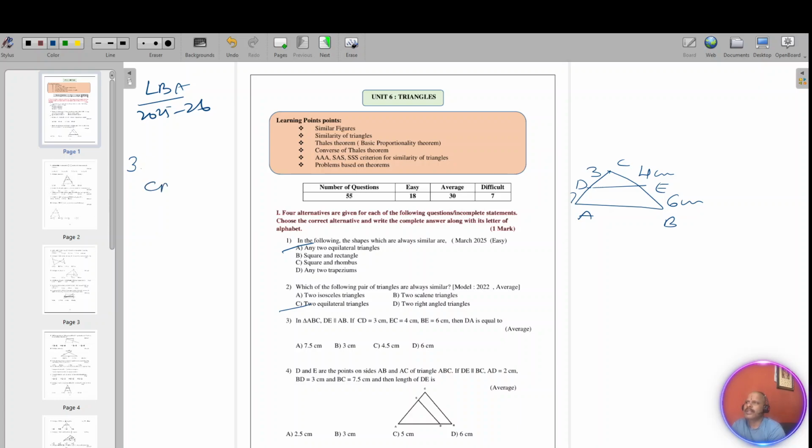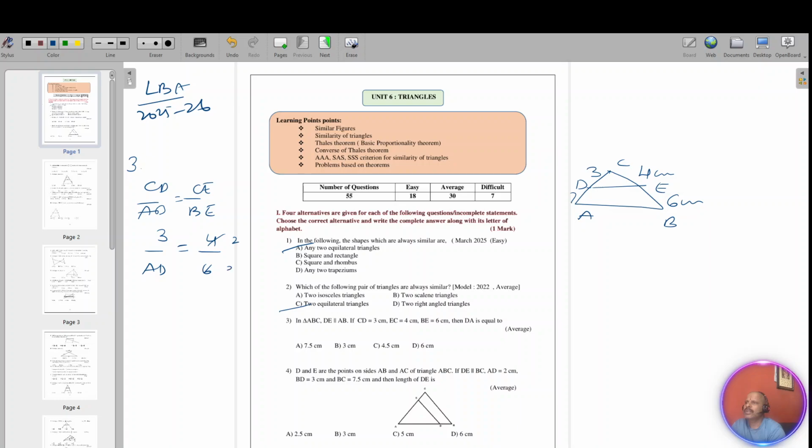So what you can say is CD by AD equal to CE by BE. CD is 3 and AD they want, we'll write AD, and CE is 4, BE is 6.